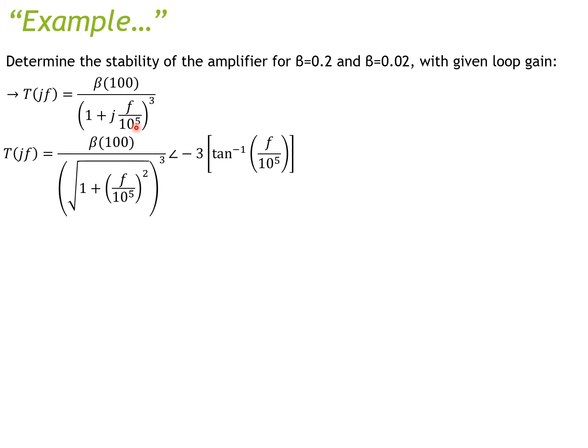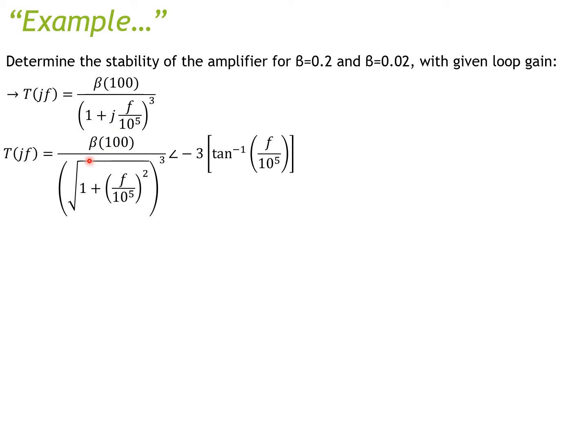So if I write this complex transfer function in terms of magnitude and phase, the magnitude will be beta multiplied by 100, then the square root of 1 plus (f over 10 to the 5th) squared, then you cube this.